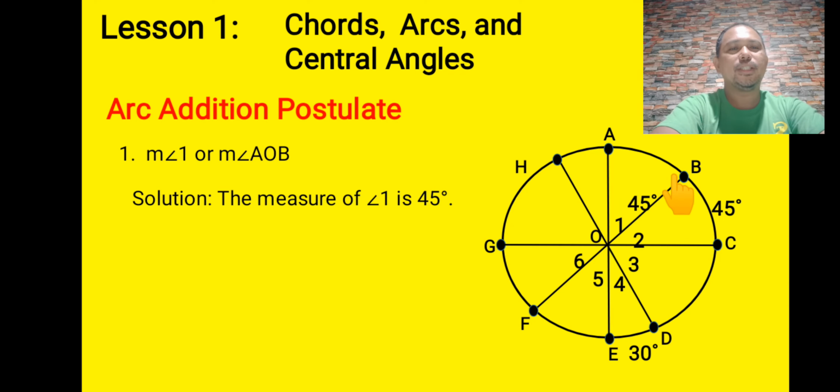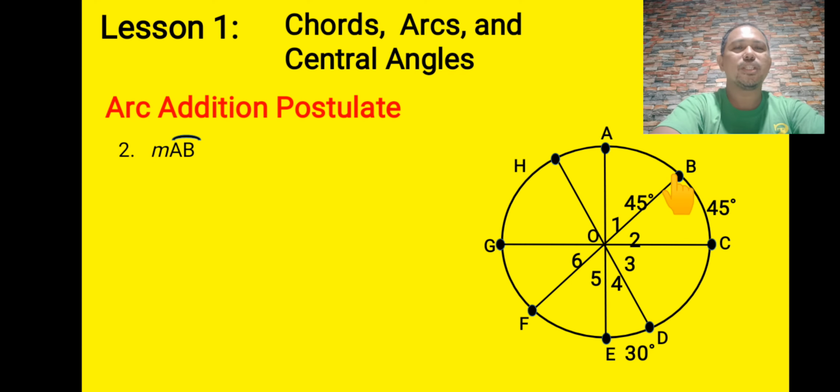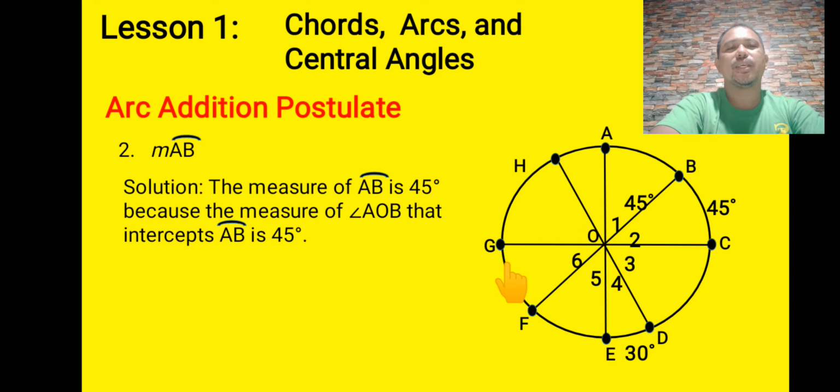Okay, so the next, number 2. What is the measure of arc AB? We have here arc AB. Answer is 45.